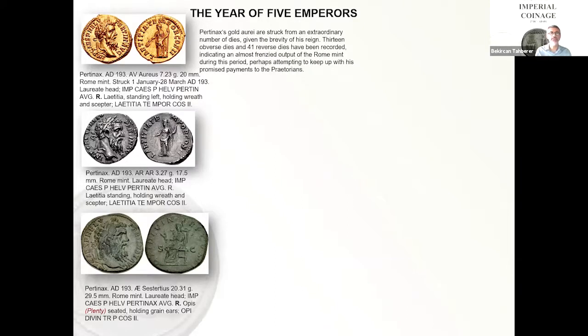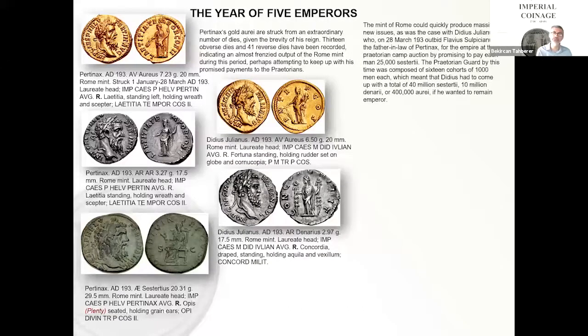When you look at the gold and silver, especially gold, it's mind-blowing to understand how many dies were created to mint his gold coinage. Silver coinage is more expensive and extensive, and bronze is even more extensive. You can imagine how much time mint employees had to spend creating so many dies and minting coins.